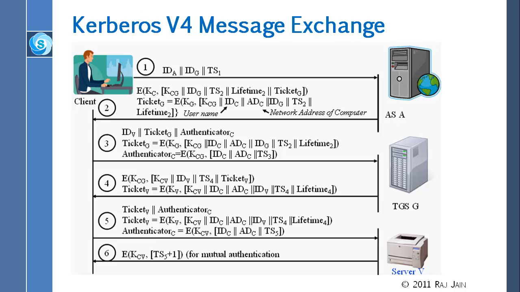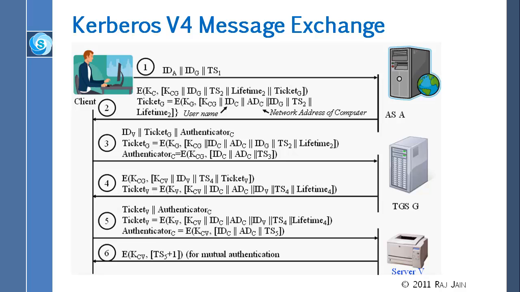So then it sends a short-term ticket, basically again consisting of two parts. One is a ticket which can be used, a short-term ticket which can be used with the server, and a new key that can be used with the server. So read carefully.